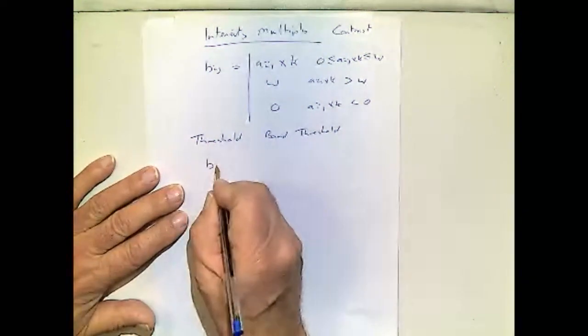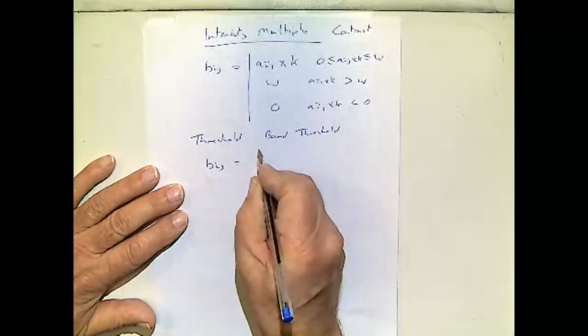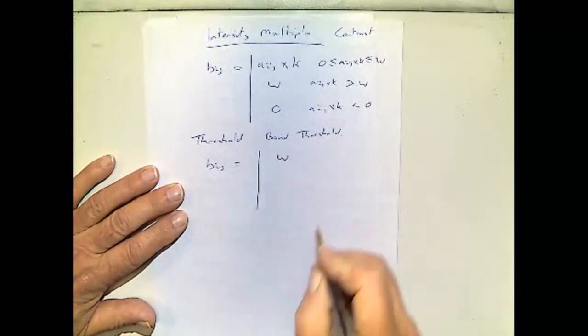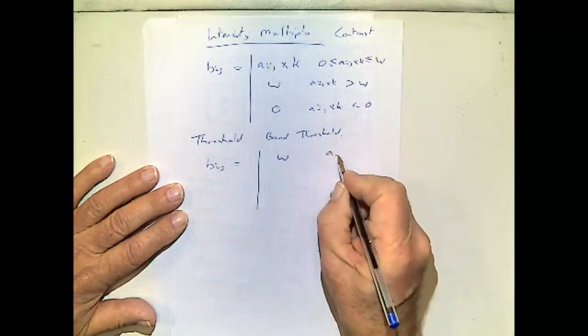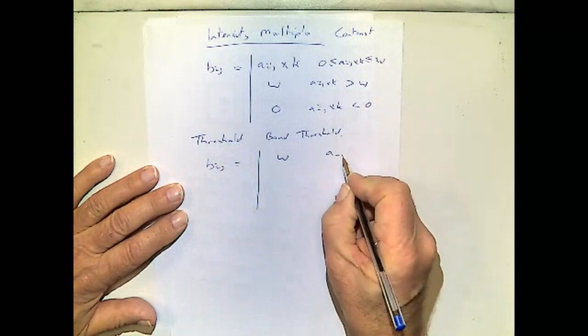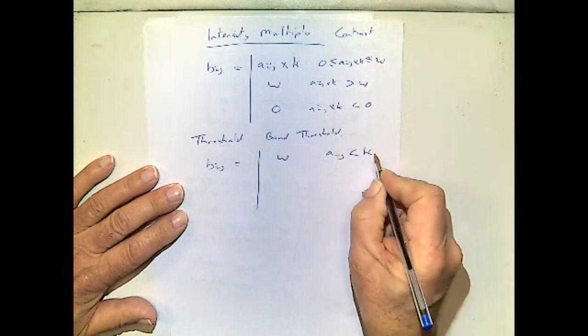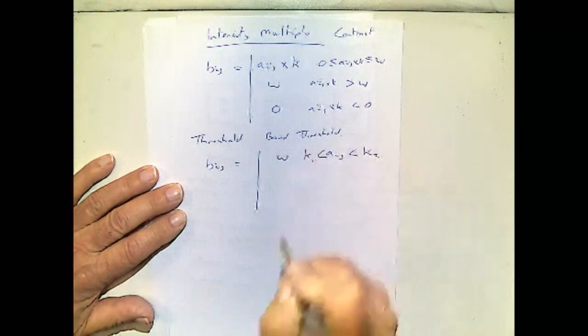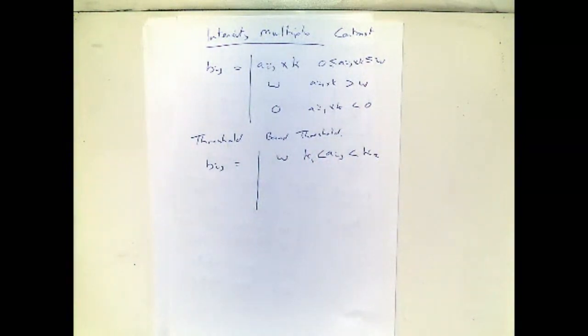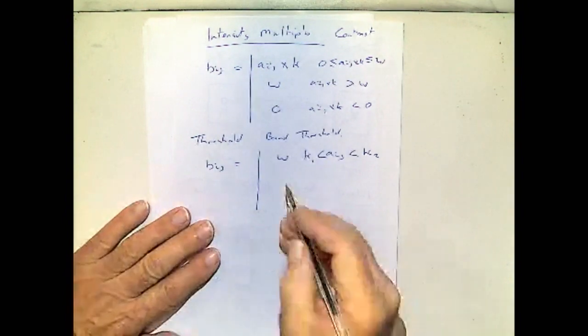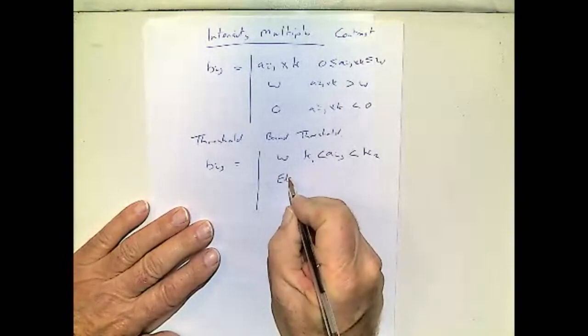And here it is: Bij equals maximum white, W, where Aij is within a band less than K2 and greater than K1. So we're taking a range of pixels between K1 and K2. They will cause the output pixel to be 1 or white. Outside that range, either below or above, the pixel will become black. So that is a thresholding operation. If it's not in the range, it's 0.